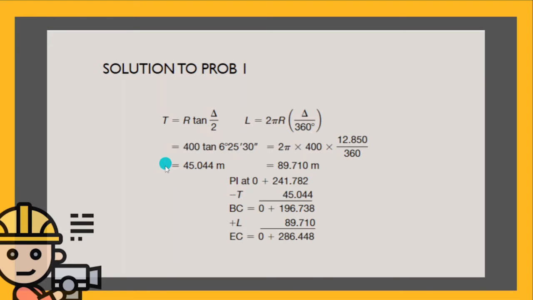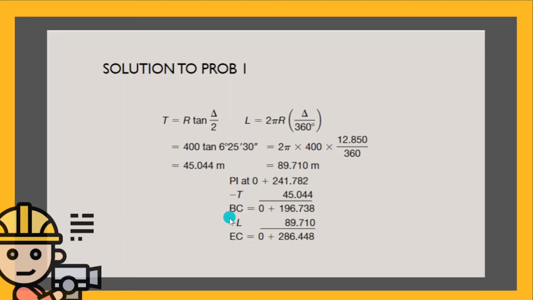This is our T. For the length of the curve, L is equal to 2 pi R times angle over 360 degrees. 2 pi times 400 times 12.850 over 360 is equal to 89.710 meters.